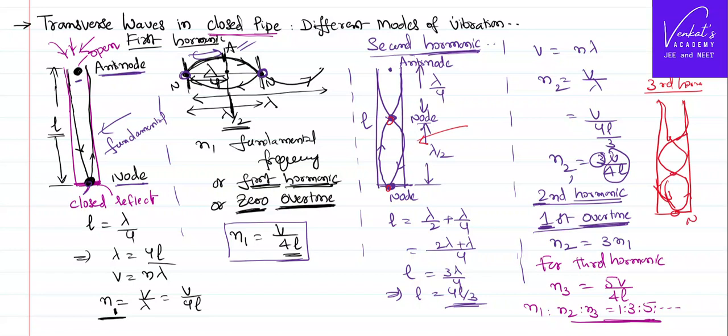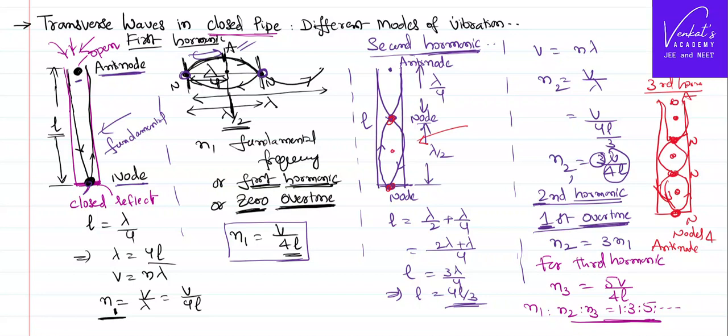So node, node, node, antinode. If you try to count the number of nodes, 1, 2, 3, 4. Nodes are 4. Number of antinodes, if you try to count, 1, 2, 3. Right?